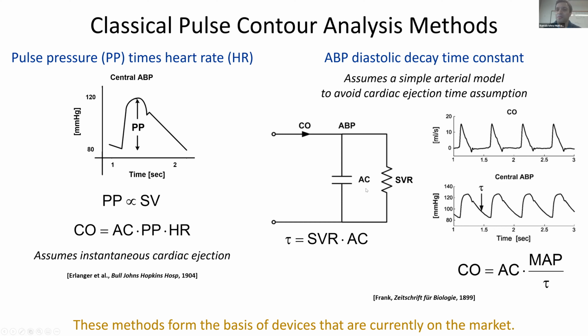This simple model accounts for the arterial compliance and the systemic vascular resistance and predicts that arterial blood pressure will decay like a pure exponential during diastole with a time constant equal to R times C. So an exponential is fitted to the arterial blood pressure diastolic decay to estimate the time constant, and cardiac output is then estimated to within an arterial compliance scale factor as mean arterial pressure divided by the time constant.